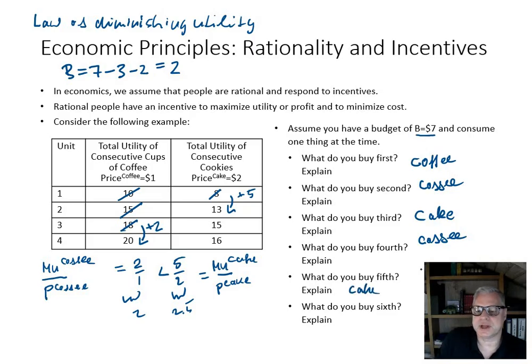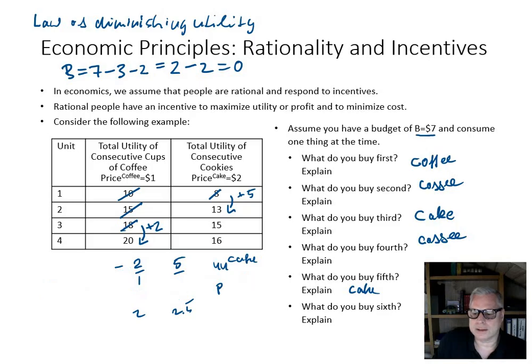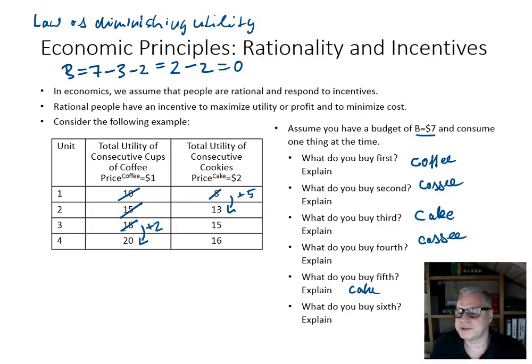And since a cake is another 2, that means we have no budget left anymore. That means we have exhausted all our budget, and that's it. We can't buy anything anymore. But our best choice is to have ultimately 3 coffees and 2 cakes, and that will exhaust our entire budget.